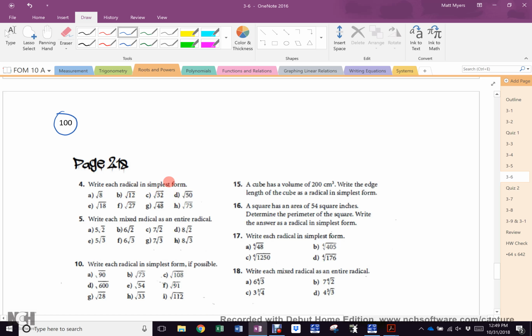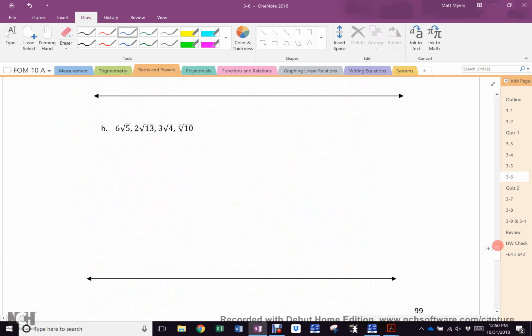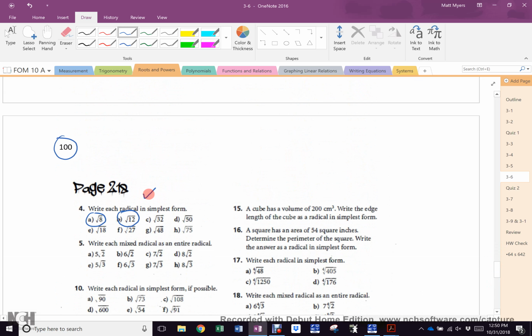So let's say you do A and B, you check the answers right down here, and you've done them perfectly. Do you need to do C, D, E, F, G, H? No. Should you try one of the last ones? Because they're usually where the harder ones are. If you could do A, B, and G, can you do C, D, E, F, and H? Yes. Who needs to make that decision?